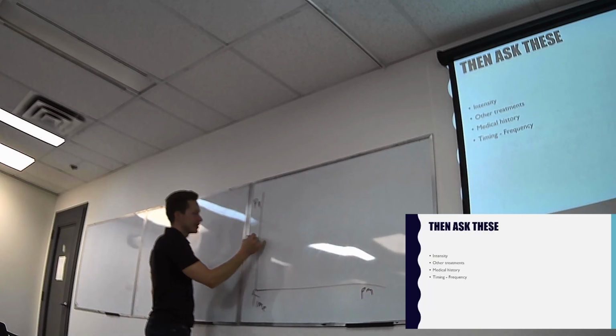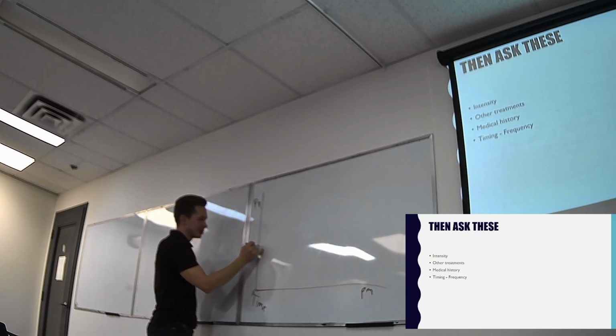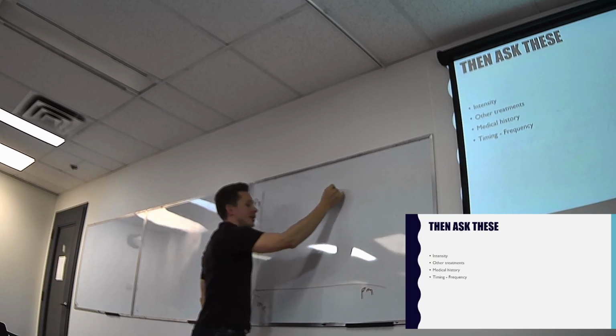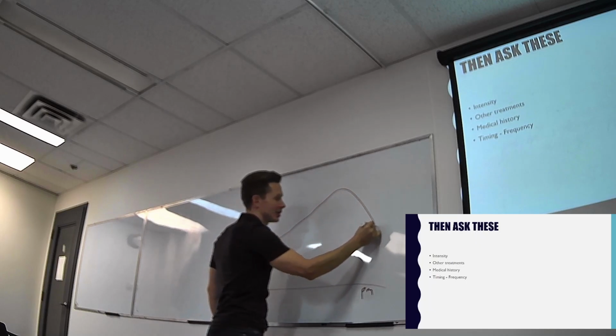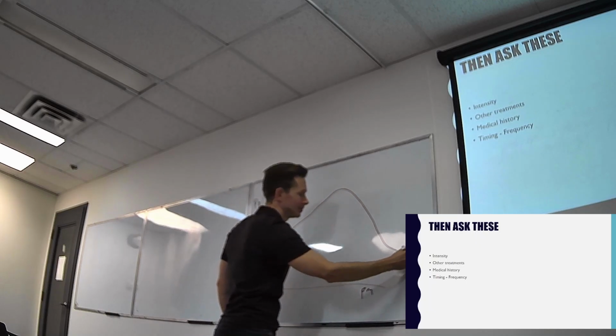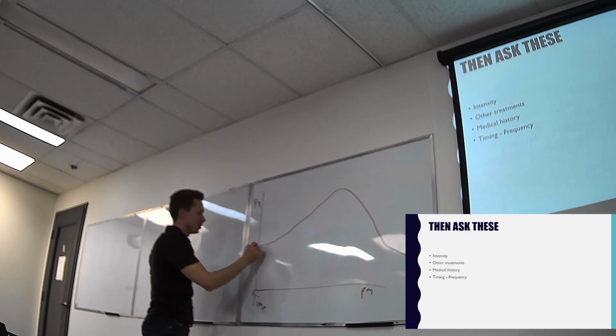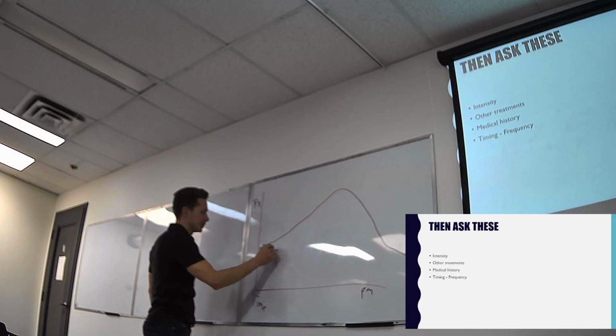Pain that is moderate, we'll go here, moderate in the morning. It gets gradually worse throughout the day, and then diminishes in the evening, and you've got bedtime. That is often inflammation.